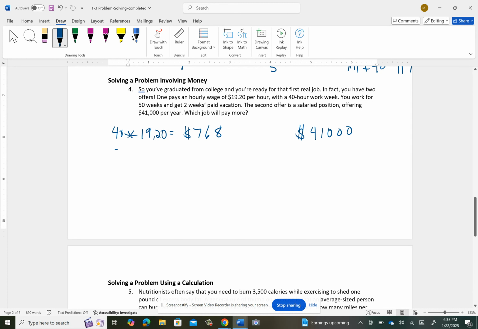You work for 50 weeks, so we'll multiply that by 50. And that means 768 times 50, that's 38,400.